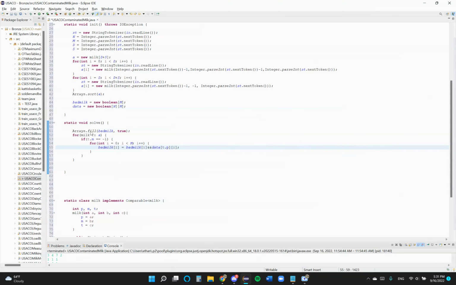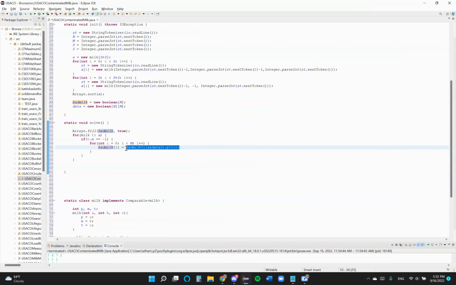So what this is basically doing is that it's checking to see if that person drank this milk before they were sick. Since it's in sorted order, the only information in data right now is events prior to that person getting sick. And if they both got sick and this bad milk remains true, and the person drank the milk before they got sick, then we keep it at true.